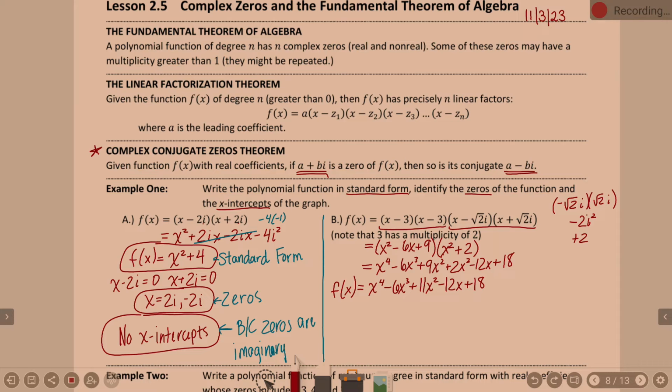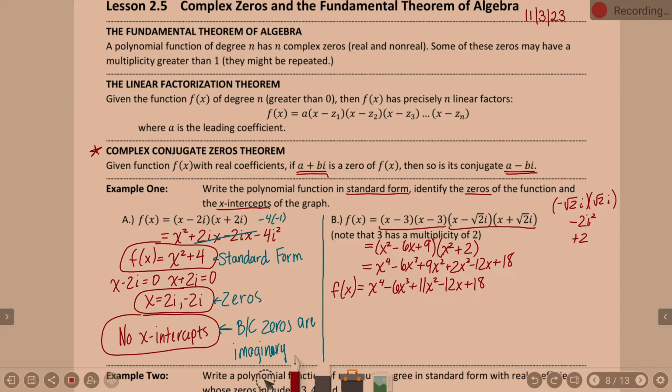Oh, crud. What did I do wrong? Well, I don't agree with my own answer up here. Oh wait, maybe I just messed up on my answer key? No, there should be an x to the third. There is. I have mine as -6, is that right? Yeah, minus 6x.